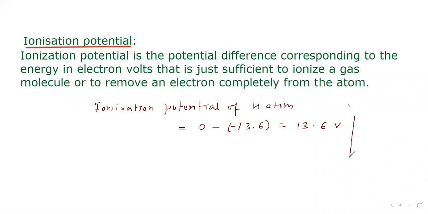If you remember, the energy of first level E1 equal to minus 13.6 electron volt, and for E infinity it is 0. So here the same is done. Electron is moved from this level to infinity. So first it was excited to that energy level, and then potential difference applied to make the electron capable to leave the atom will be equal to ionization potential, and that is shown here.